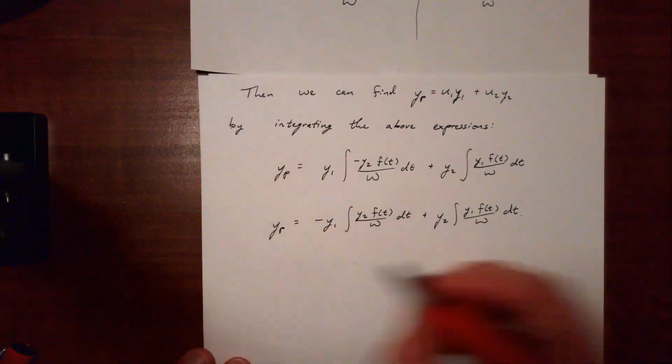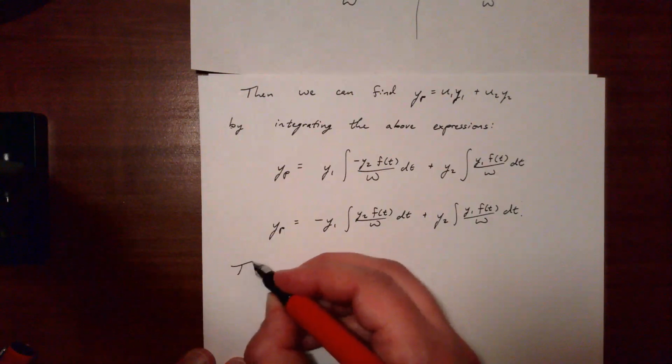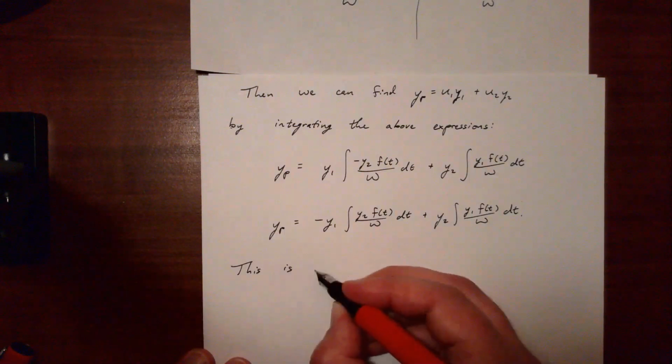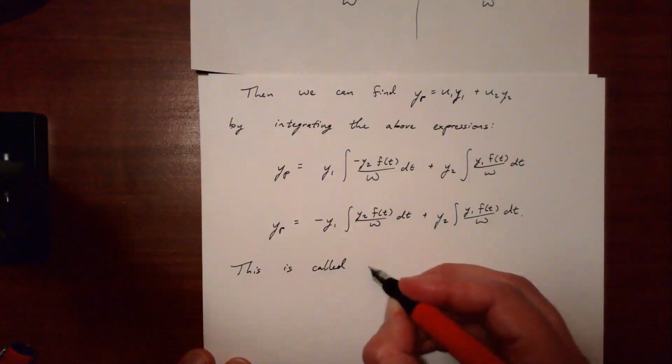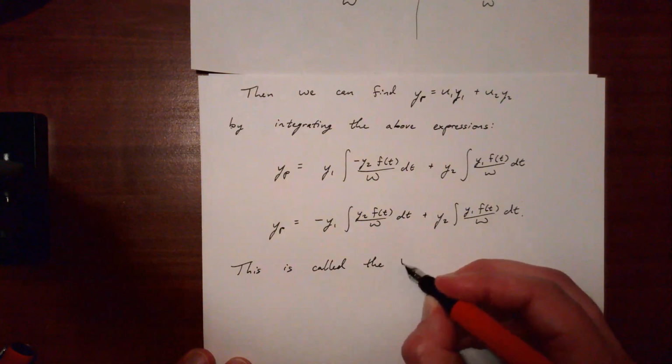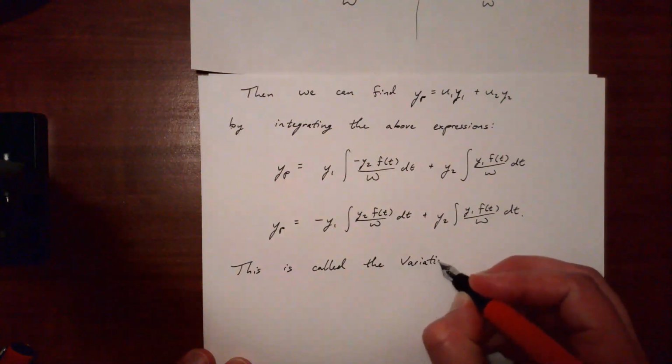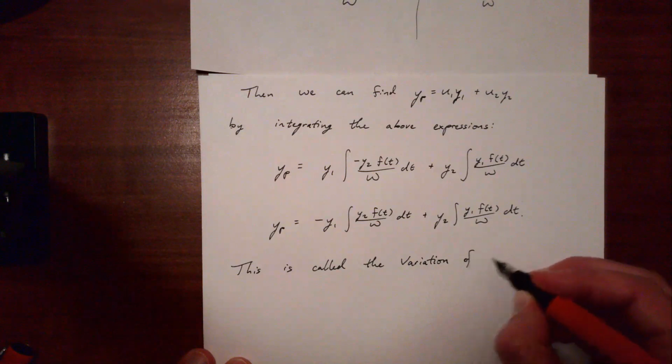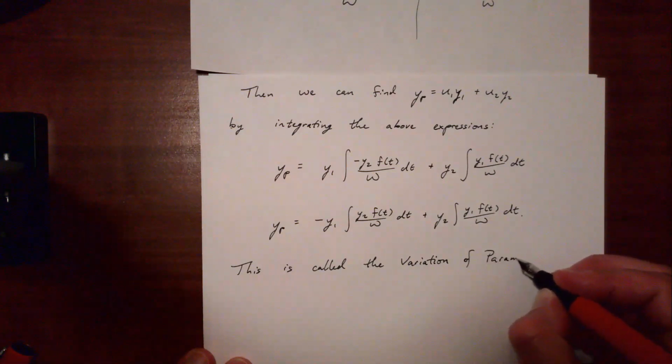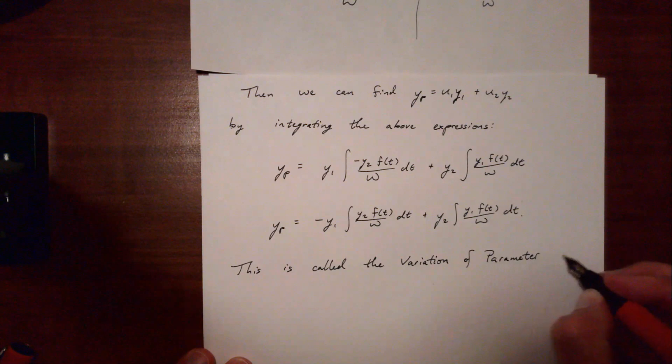And this is called the variation of parameters.